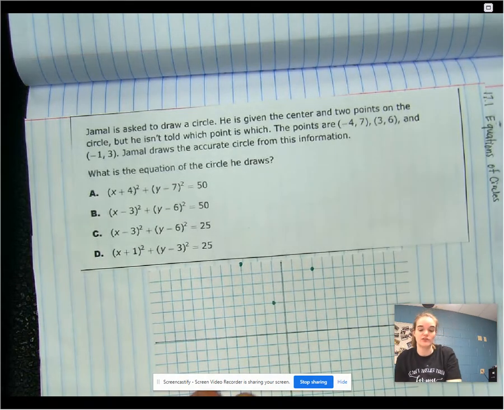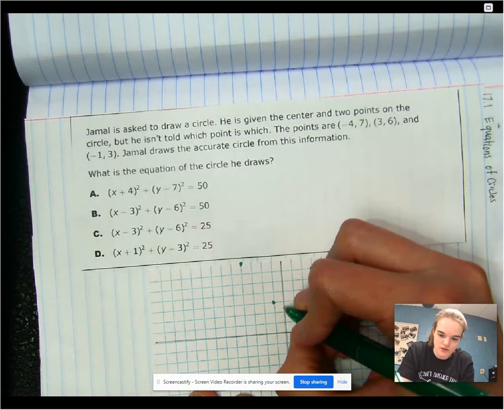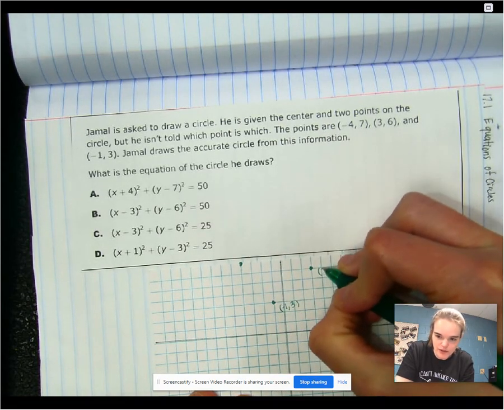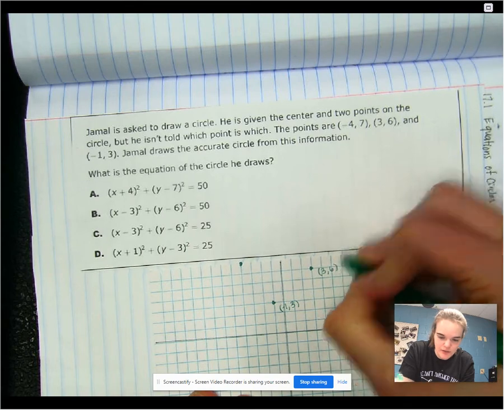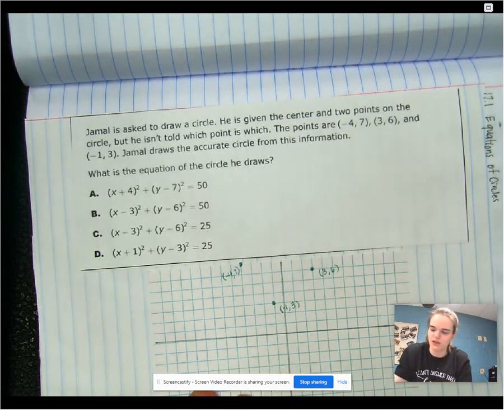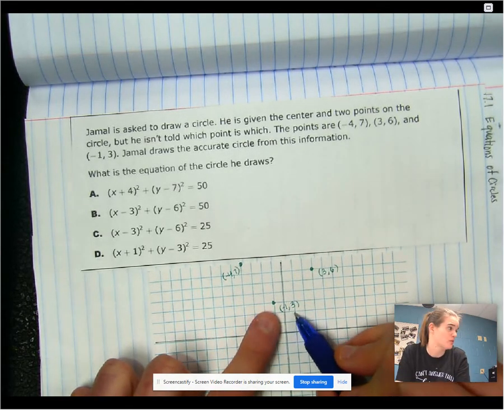Okay, I have to decide which point is the center. So let's think about this though. The center needs to be a point that is equidistant from the other points. So we're going to count using our Pythagorean theorem basically to see if they're the same. I think (-1, 3) is probably the center, but we probably need to check.